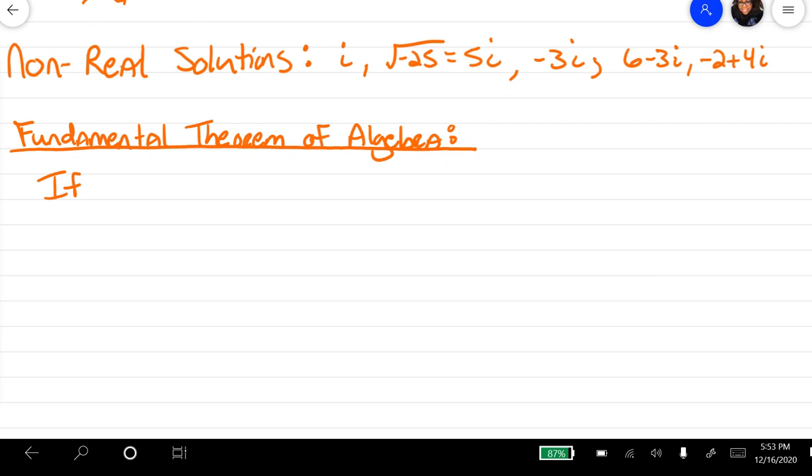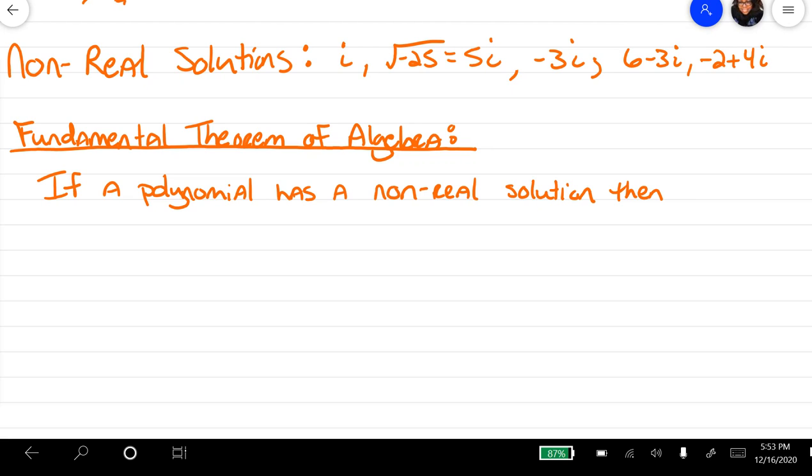If a polynomial has a non-real solution, then its conjugate is also a solution to the polynomial.